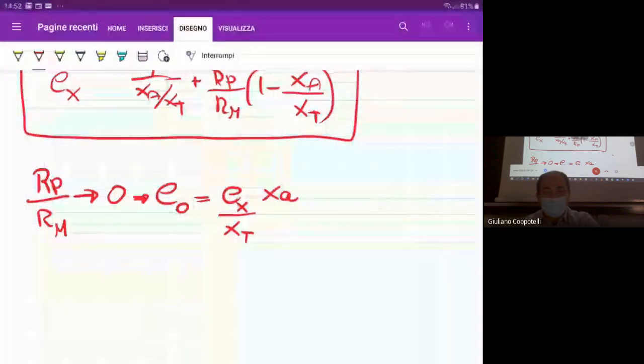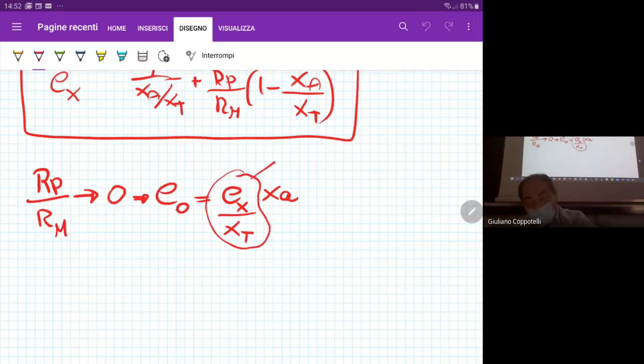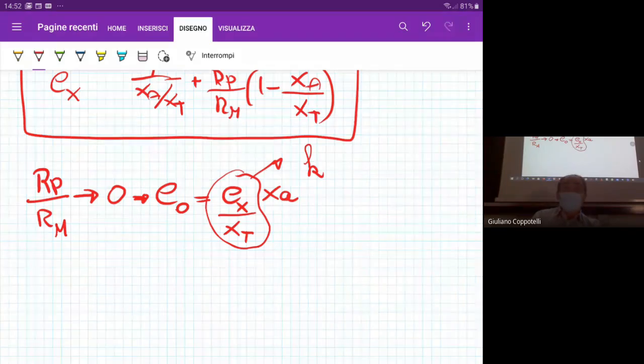And this value, if you refer to my previous equation, is the constant of proportionality between the actual displacement and the output tension that you are going to measure.